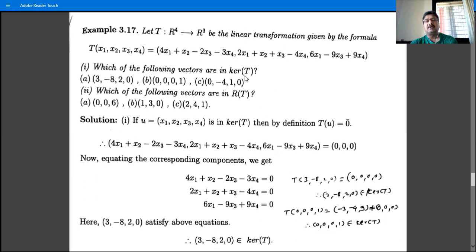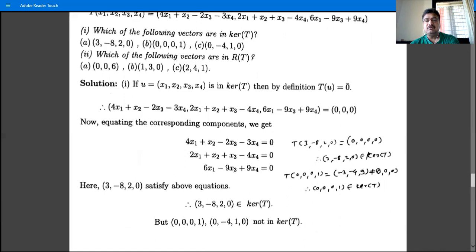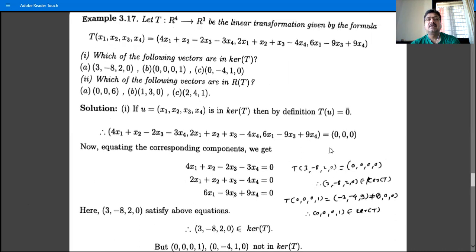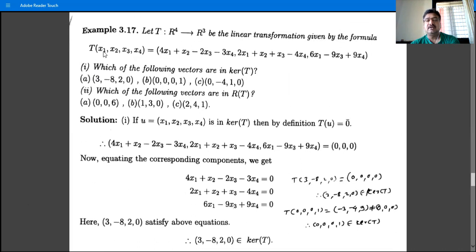This is the definition of the kernel of T. That is, an element belongs to the kernel of T if its image under T is 0. So for the element (3, -8, 2, 0), consider T(3, -8, 2, 0), that is, substitute x1 as 3, x2 as -8, x3 as 2 and x4 as 0.